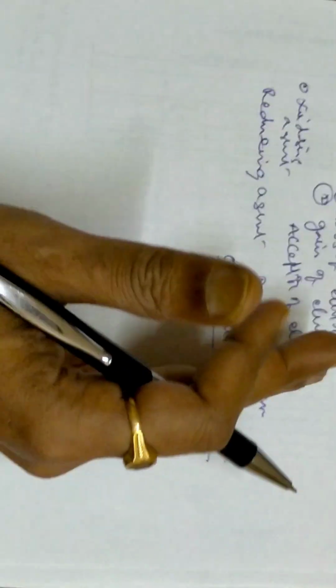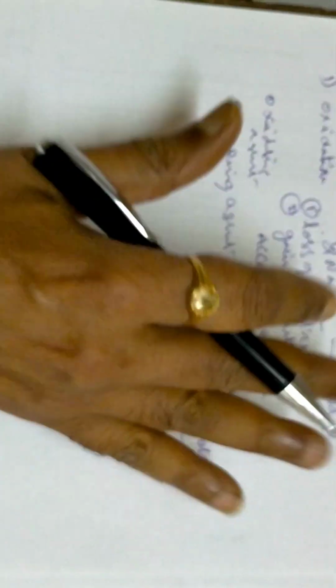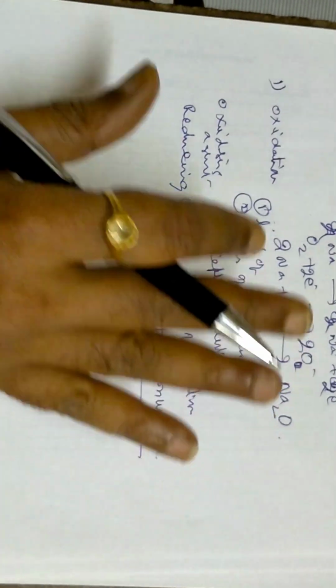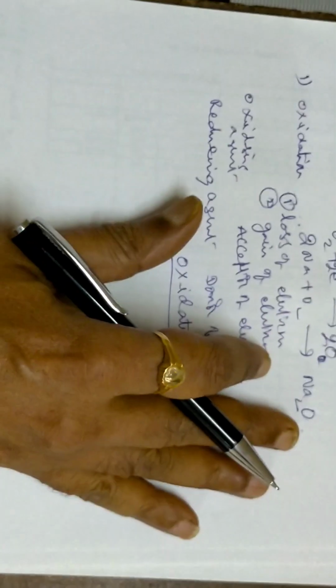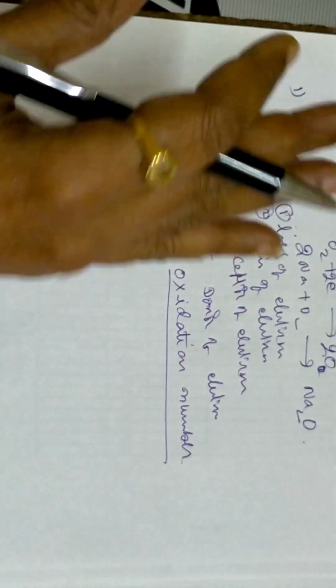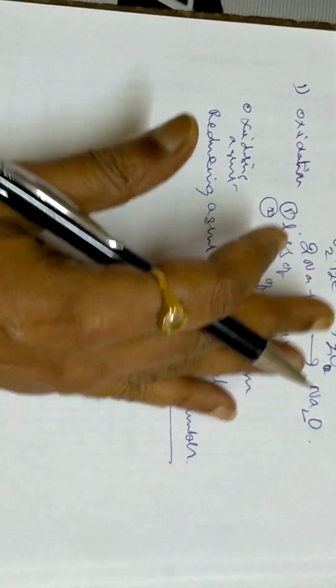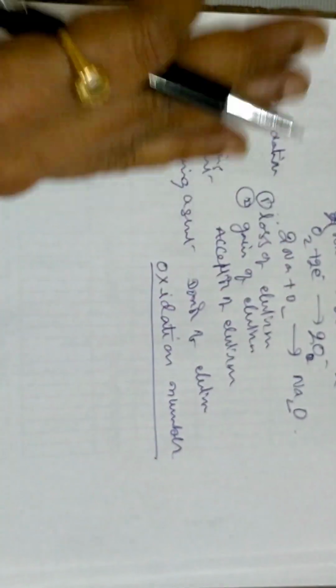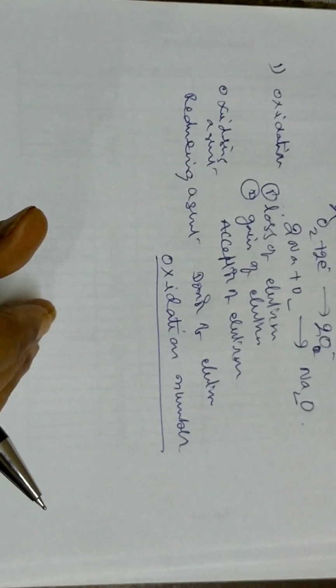Don't get confused. Actually, the covalent compound is sharing electrons, and even though it is sharing, it will be drawn towards the more electronegative atom. But here we consider that the electron is transferred, not shared, just for understanding purposes.